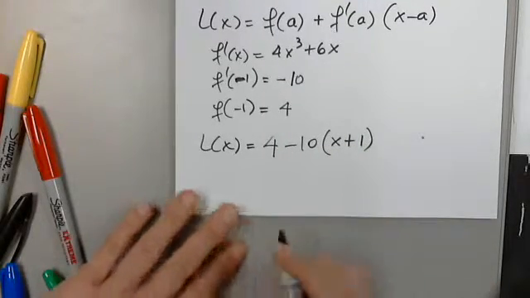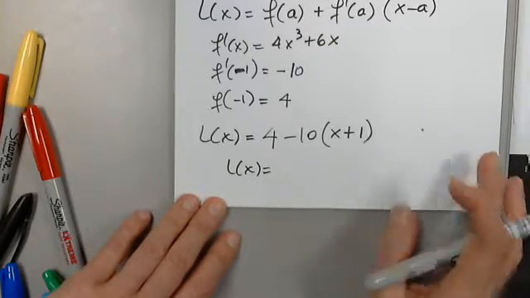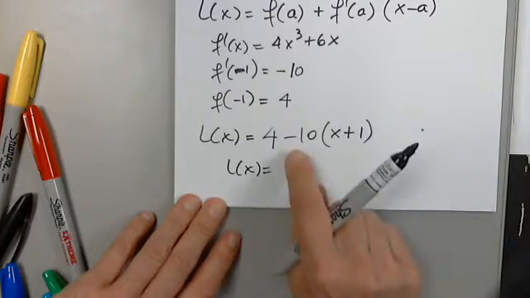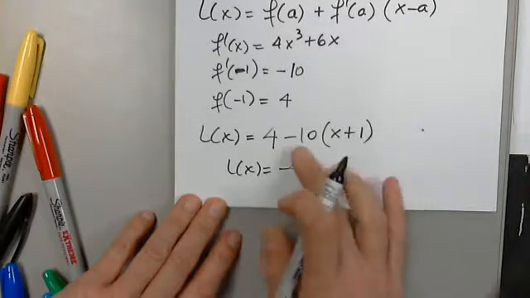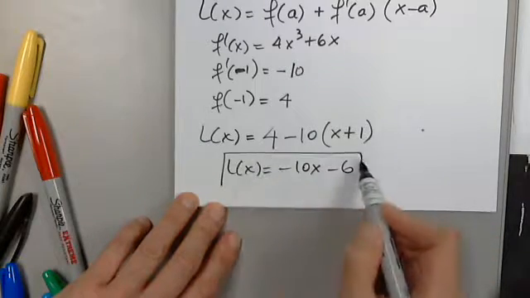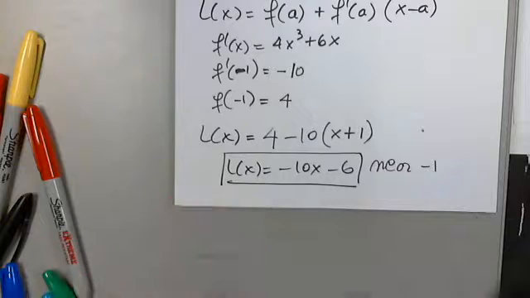That's it. So the linear function that approximates the given function near -1 is -10x, minus 10 plus 4, which is -6. So only near -1. If we move away from -1, then there is a different linear function that will approximate the given function there.